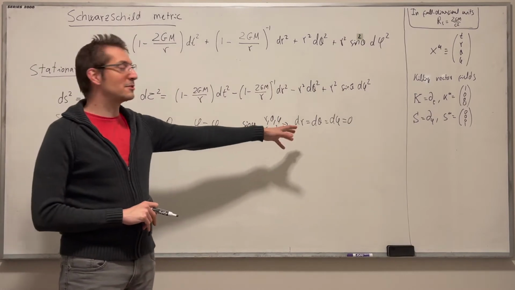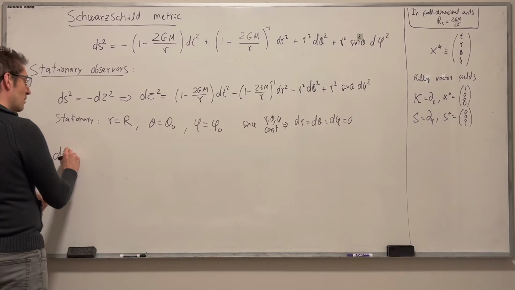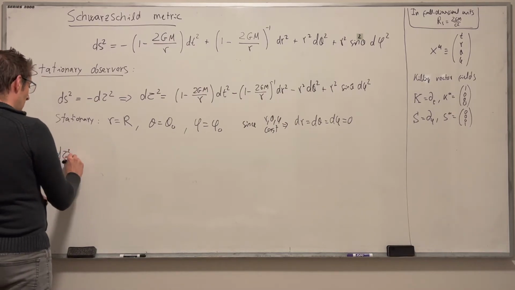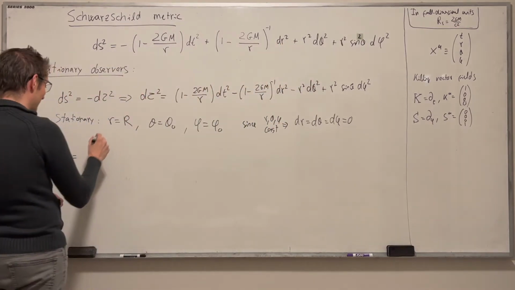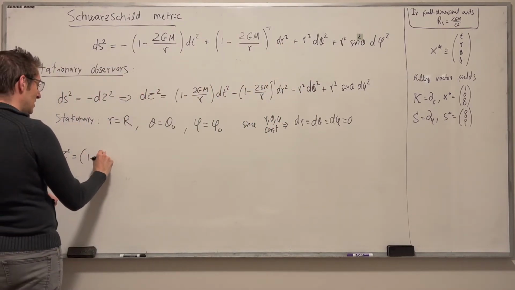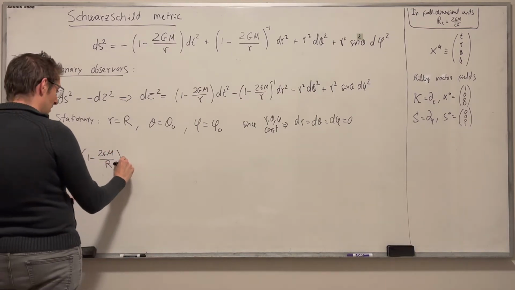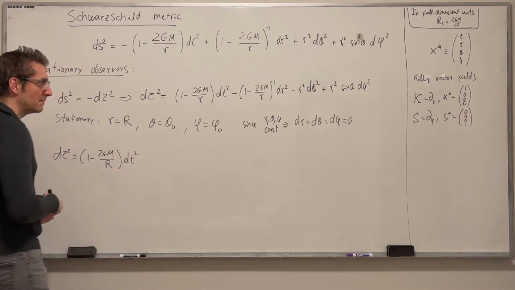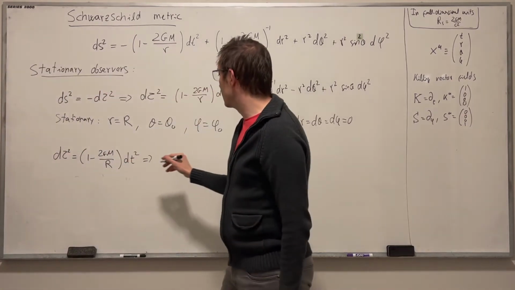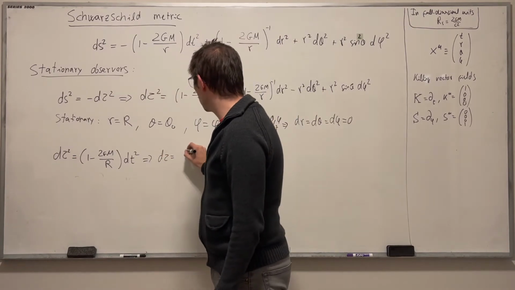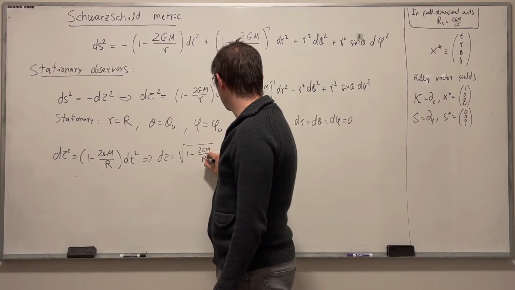Then, being super dirty, I would get that d tau squared is equal to, and we only have the first term because I've cancelled dirtily all the others, 1 minus 2GM, now evaluated at capital R, which is the value of r, dt squared. And then I would say, alright, so then I know that d tau is equal to the square root of 1 minus 2GM divided by capital R, times dt.